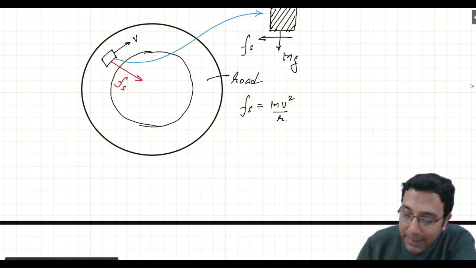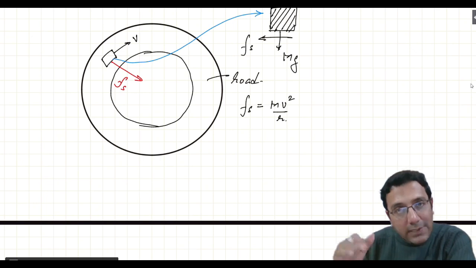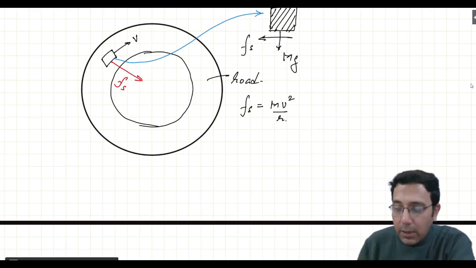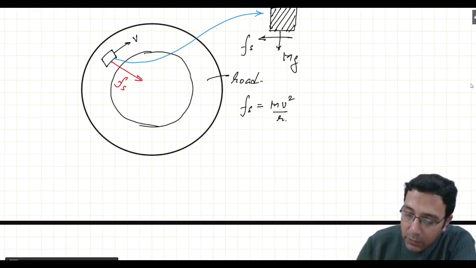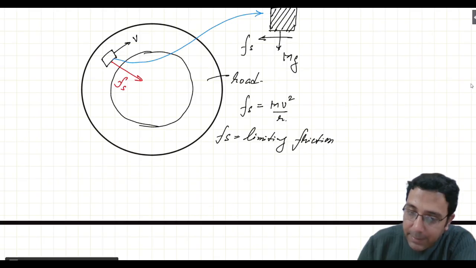Now fs is the limiting friction, because if it crosses that limiting value, friction will no longer be able to hold the body in the steady state condition. So fs is the limiting friction.